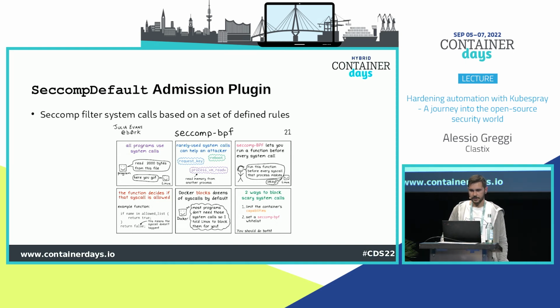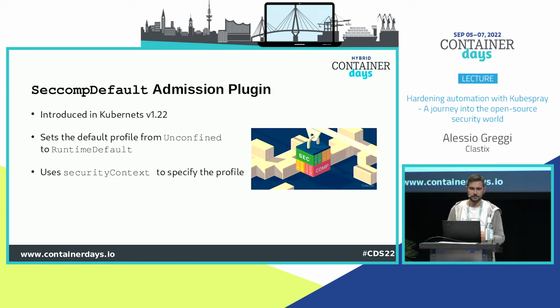Specifically, what the SeccompDefault admission plugin does: first of all, it has been introduced in Kubernetes 1.22, and it sets the default profile from unconfined to the runtime default. The unconfined profile is essentially an empty rule, so you are not blocking anything.